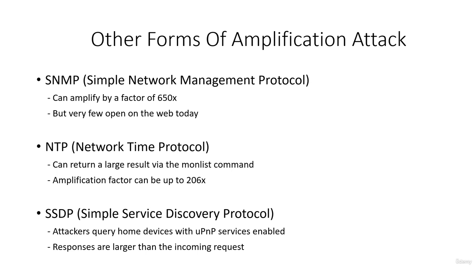Amplification was up to a factor of 650 times, so the 10 bytes going in can result in 6,500 bytes coming back out, directed to the target system. Now fortunately there aren't a lot of those open on the web at this time. They tend to be more constrained to the internal network.